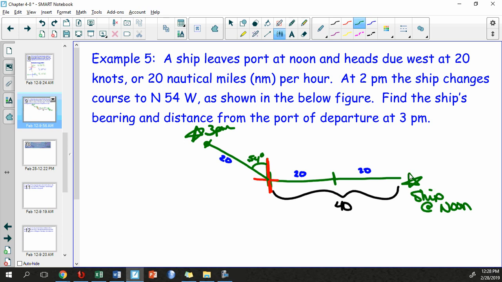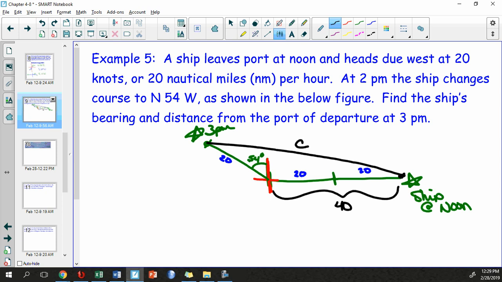And it says to find the ship's bearing and distance. What does that mean? I need to know the distance from noon to 3. Do you see that? I need to know this.